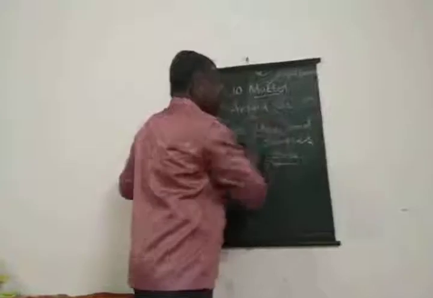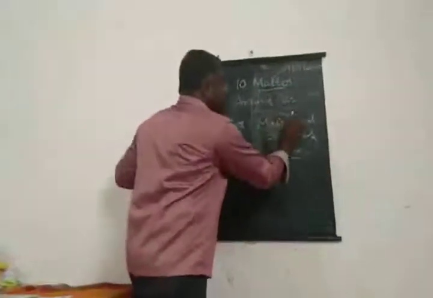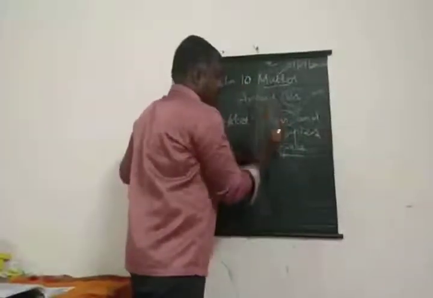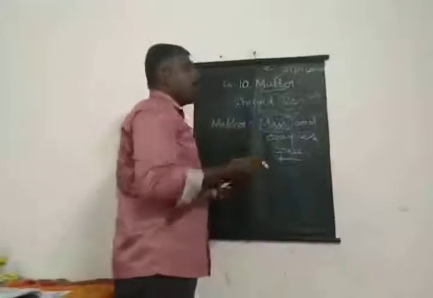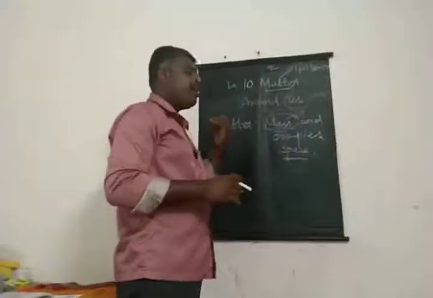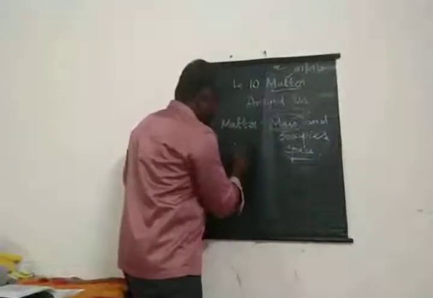So what is meant by mass? The amount of matter contained is called mass, and it occupies space. Suppose you take a textbook or a coin or whatever the object may be, and keep it on the table.